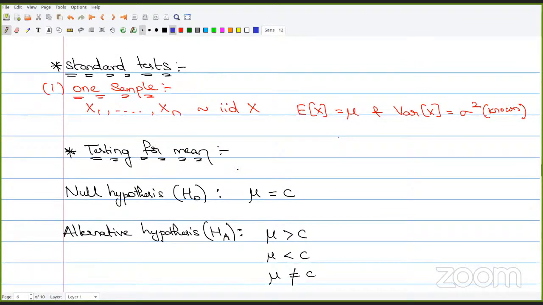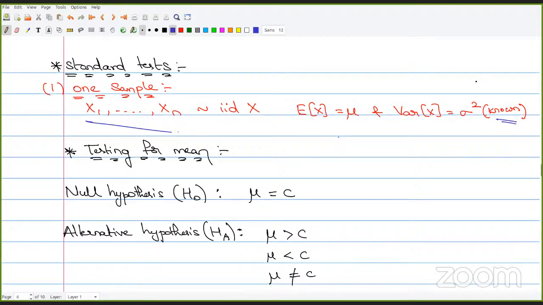Let me quickly give you what all tests we have used and in which situations we can use a particular test. If you have only one sample, one distribution, and there are some n samples coming from that distribution, and you want to test for the mean, and the variance of this distribution is known, that is given.